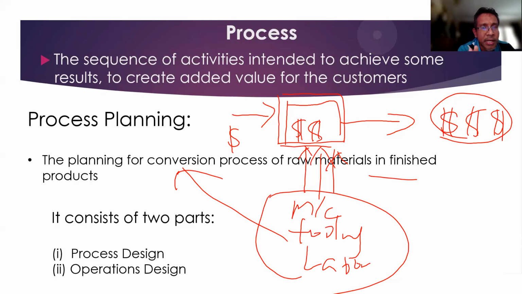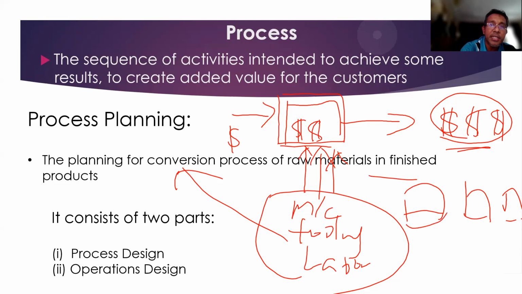To design the process is each station, because to fabricate the material or to make a product, for example, this one, we have several processes, 1, 2, 3. So this is a process in line we need to design, and then the operation is each operation for each station or each machine.